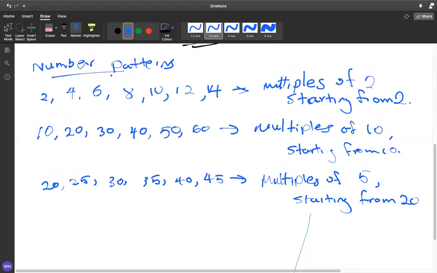Everyone write these as number patterns, right? Okay, write by hand. Consider the following number patterns.